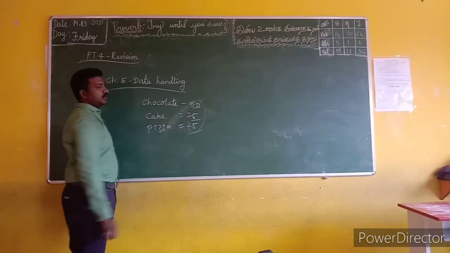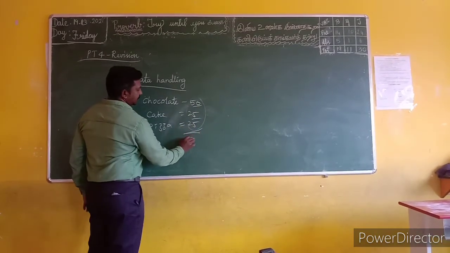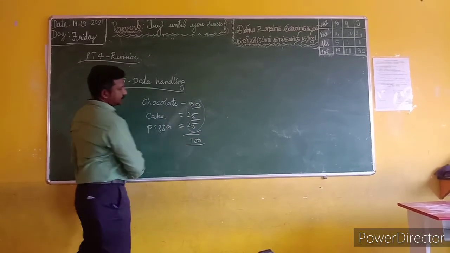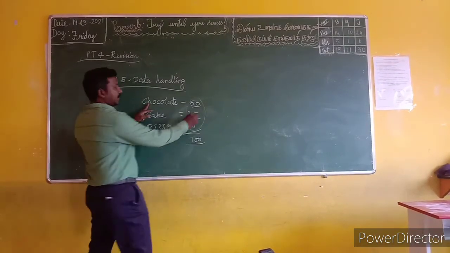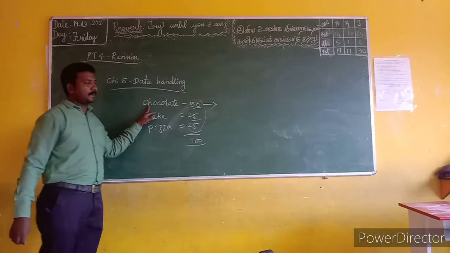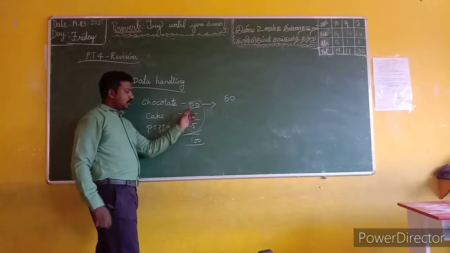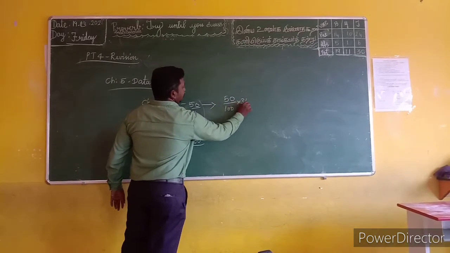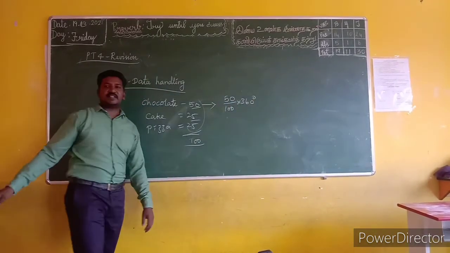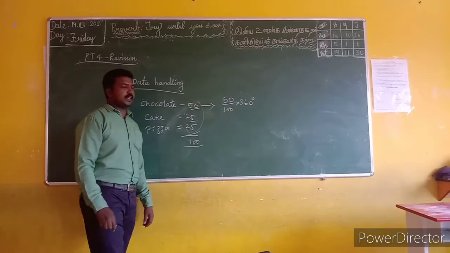So what is the total amount here? 50 plus 25 plus 25, total is 100. So now we are going to find the central angle for chocolate. Those who like chocolates: 50 is the number of students. Total number of students is 100. You multiply with 360. In a circle, total angle is 360 degrees.